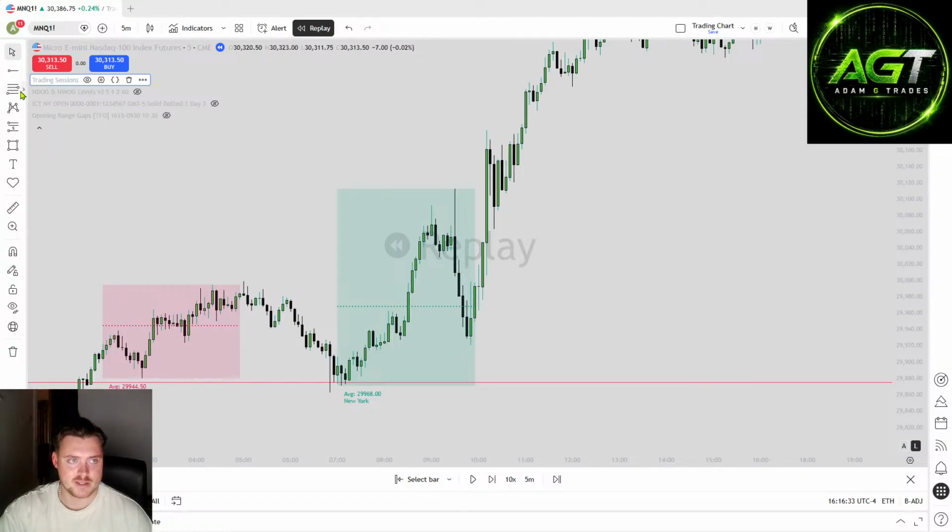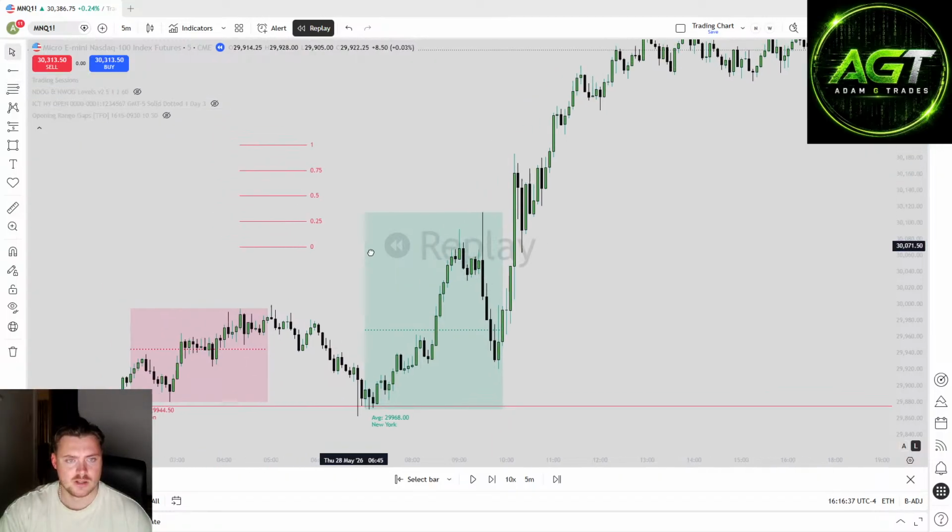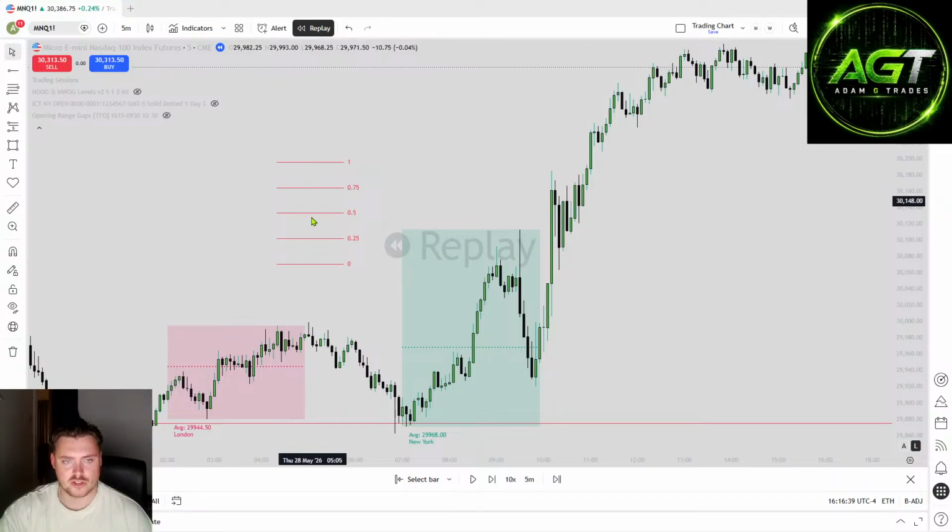So what that means is, if for example this is a high on the chart and this is the low, anything in this lower half is called discount, anything in this upper half is called premium. So you want to buy at discount, sell at premium, buy back at discount. That makes sense.